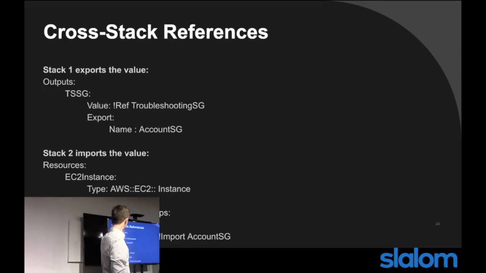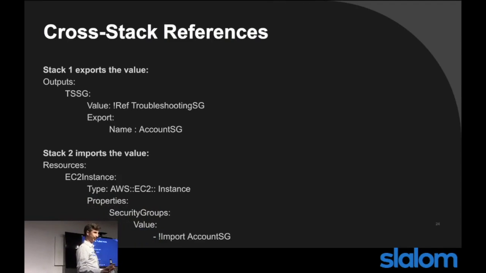So stack two is then going to be building an EC2 instance. So an EC2 instance, like we talked about before, is a virtual machine. It needs to be landed in a security group, which basically provides access to that EC2 instance, and every EC2 needs a security group, okay?